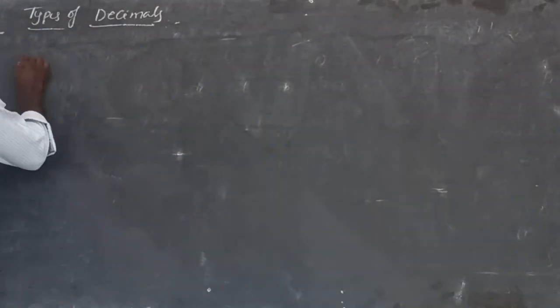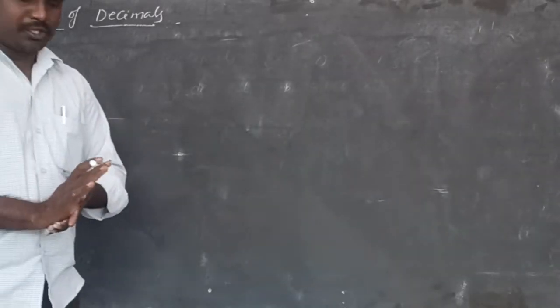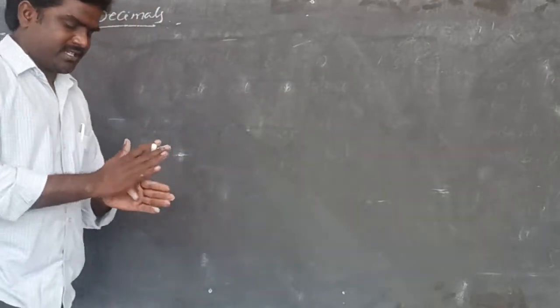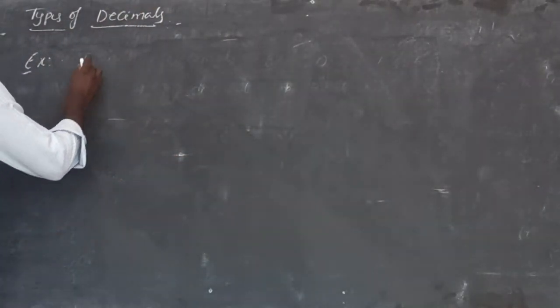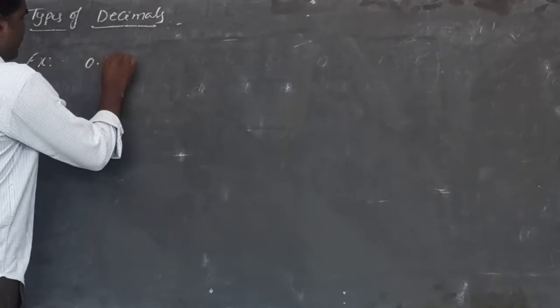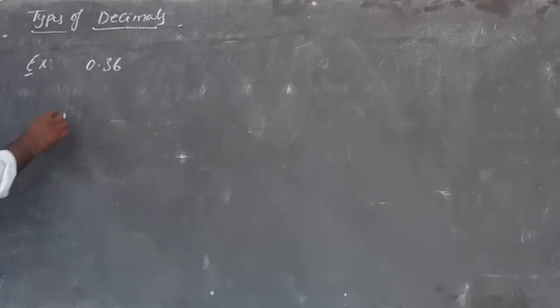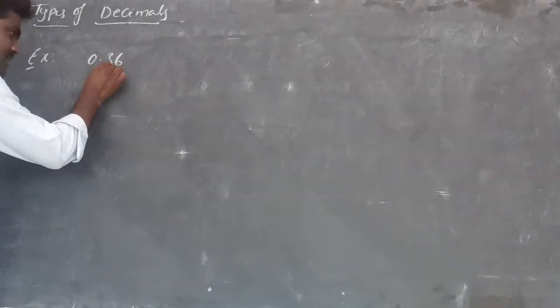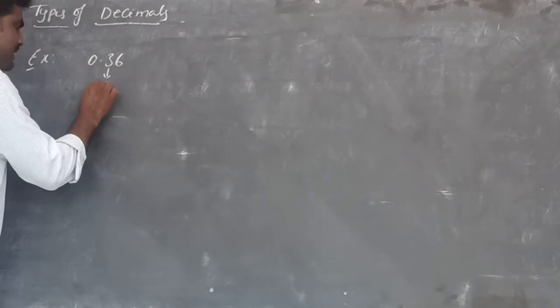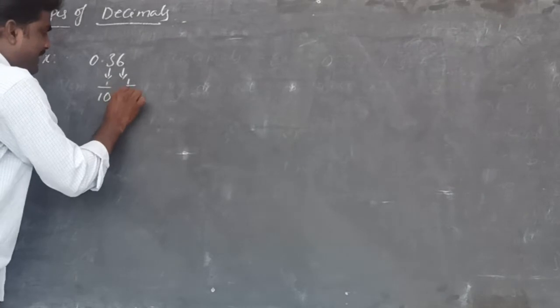We can write the decimals in p by q form by using expanded form. For example, 0.36. Here how many decimals are there? 2 decimals. 1, 2. The first decimal is occupying which place? 1 by 10. The second decimal is occupying which place? 1 by 100.